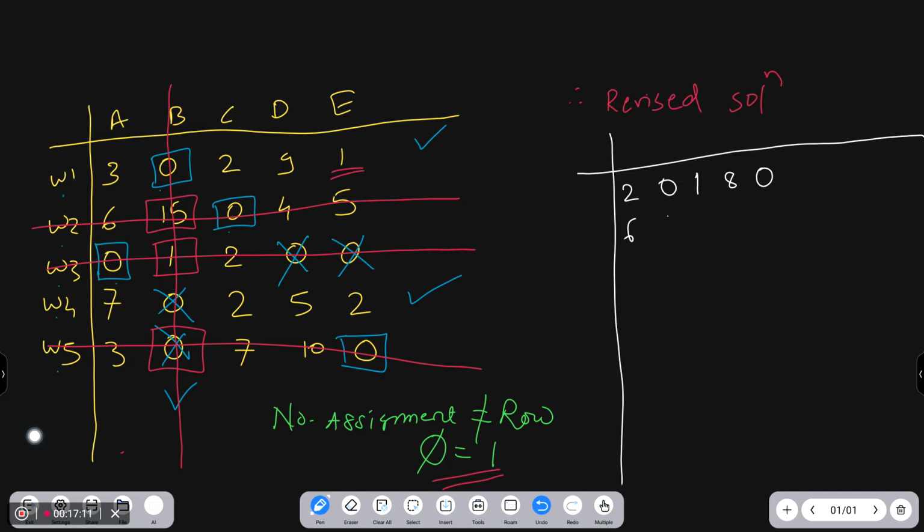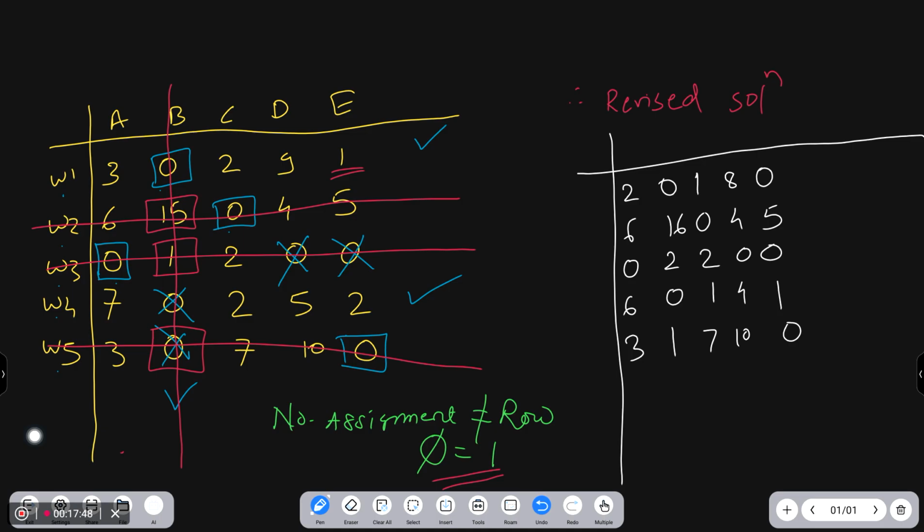15 is going to be changed to 16 as it is the intersect area. Then 0, and 4, 5 will remain as it is because it's a covered area. Now here in the third row, 0, then 2, then the rest of the values remain as they are. 7 is an uncovered area, so 7 minus 1 is 6, then 0, then 1, 4, again 1, and the last row 3, 1, 7, 10 and 0.